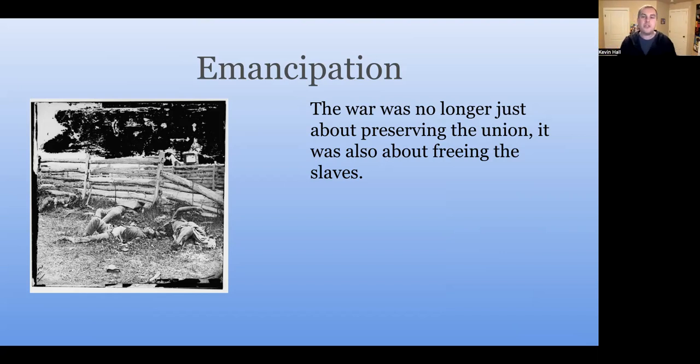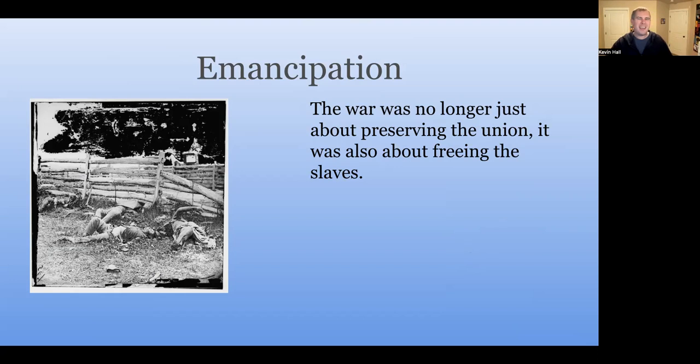It was more than just punishing the Confederate States and forcing them to rejoin the United States again. Now, because of the Emancipation Proclamation, the war is about freeing the slaves. And that gave a new sense of purpose to the North and enough motivation for them to say, all right, let's win this thing then.